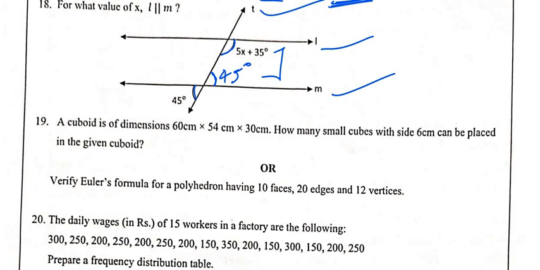So what we will write in the solution, if we have a question like this, we have to solve it like this. See, these are our lines, line L and line M, both parallel, and this one is the transversal T, and this angle is given as 5x plus 35 degrees, and this angle is given as 45 degrees. So we will write here that vertically opposite angles are equal.